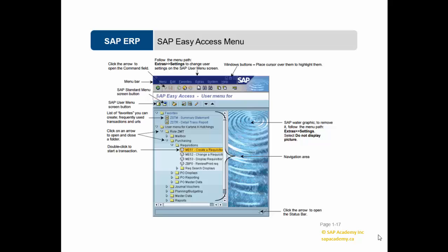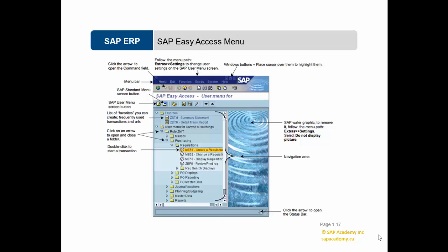The 2 main folders of the SAP user menu are Favorites and SAP menu. And the 8 subfolders are Office, Cross-Application Components, Logistics, Accounting, Human Resource, Information System, Tools, and Web Client User Interface Framework. Either you type in a transaction code in the command field or you access these subfolders to find the relevant transaction.